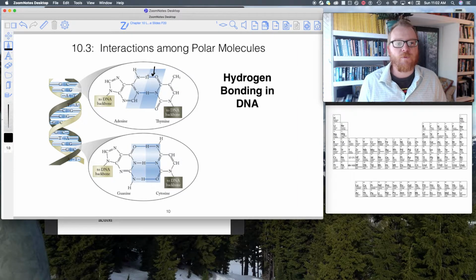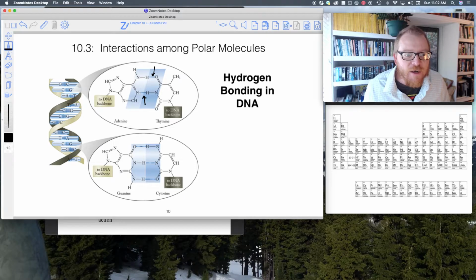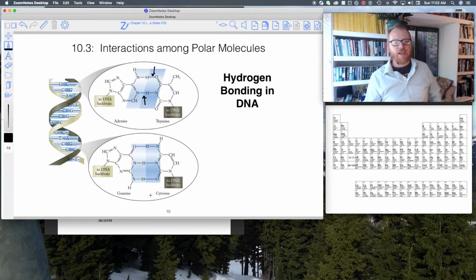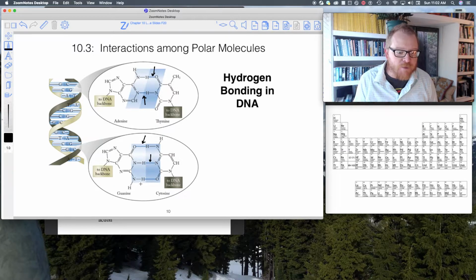And this becomes really strong because they can also do another hydrogen bond on the other side of the molecule, where this NH group is interacting with this other nitrogen right here. So there's a hydrogen bond between hydrogen and oxygen and between hydrogen and nitrogen. If you look at guanine and cytosine, there are actually 3 hydrogen bonds between G and C that can get created.